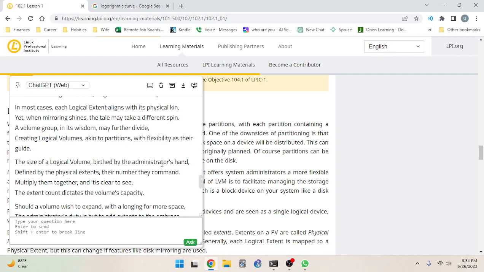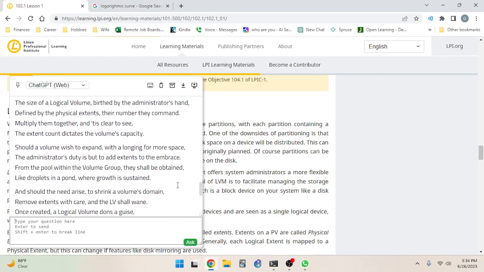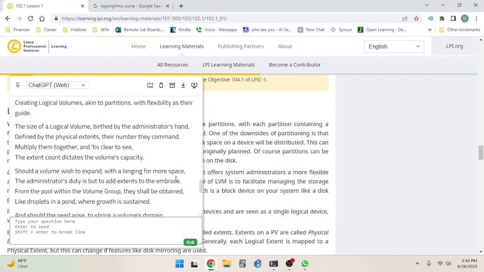A volume group, in its wisdom, may further divide, creating logical volumes akin to partitions with flexibility as their guide. The size of a logical volume, birthed by the administrator's hand, defined by the physical extents to their number they command. Multiply them together, and 'tis clear to see the extent which dictates the volume's capacity.